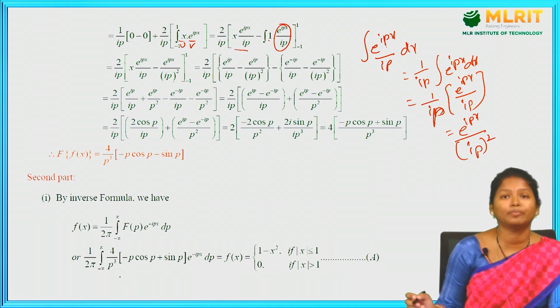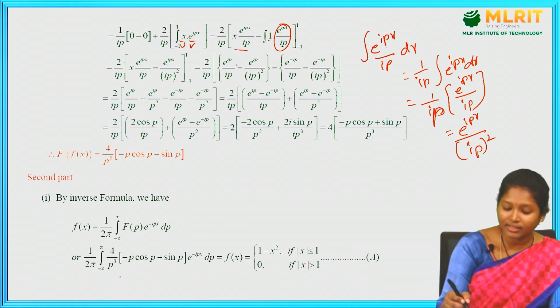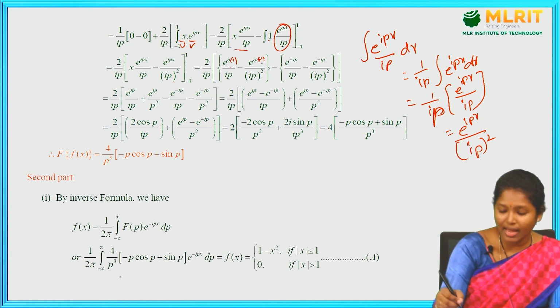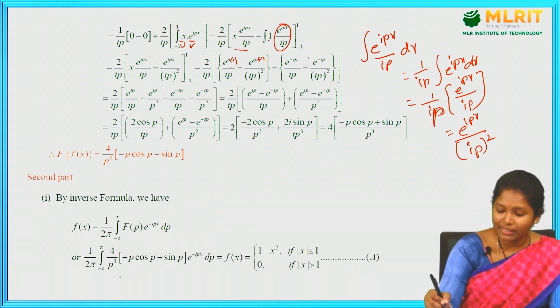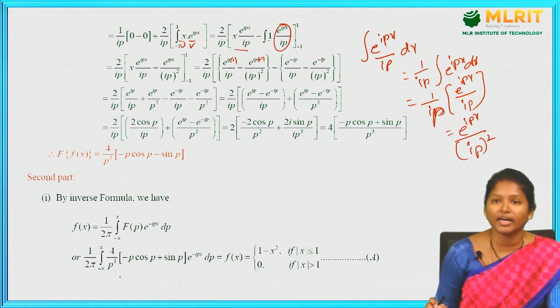Next we substitute the upper limit and lower limit in the function. We get e power ip in the place of x equal to 1, so 1 by ip, next minus 1 by ip squared. Sorry, 1 by ip squared. Here we put minus 1, so ip into minus 1 gives minus ip.